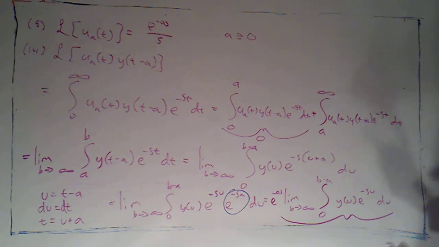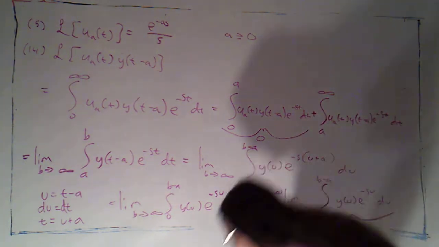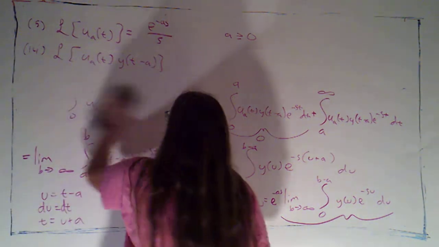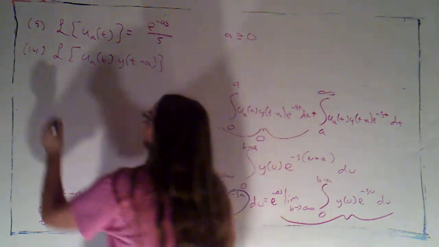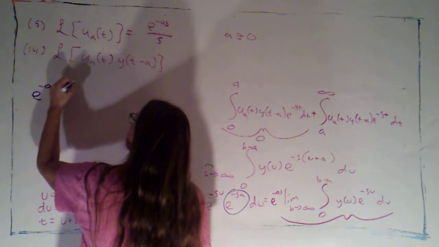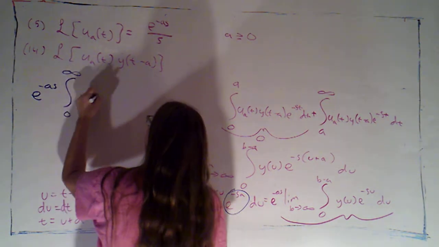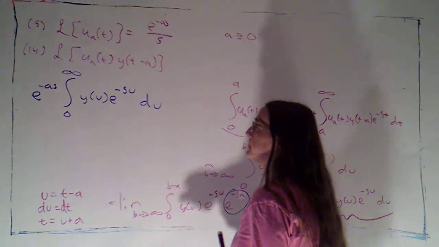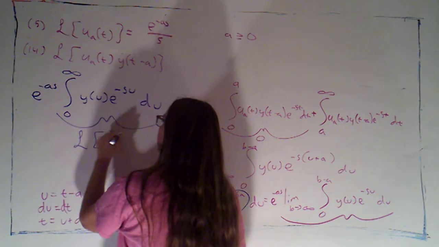But if I take a look at what that limit is, because b minus a is still going to infinity, what I have is e to the negative as times the integral from 0 to infinity of y of u e to the negative su du. That is exactly the Laplace transform of y.